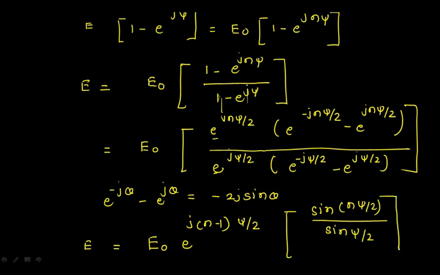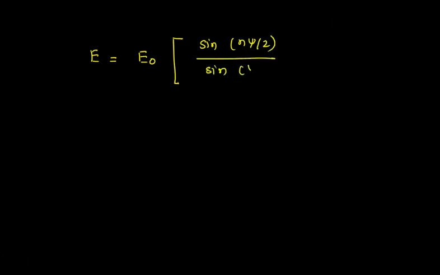Now this is nothing but the total electric field which I have received. If I simplify this and put it into the angle form, I can write E is equal to E0 sine of n psi by 2 divided by sine of psi by 2, with angle (n minus 1) psi by 2. So this is nothing but the total electric field.